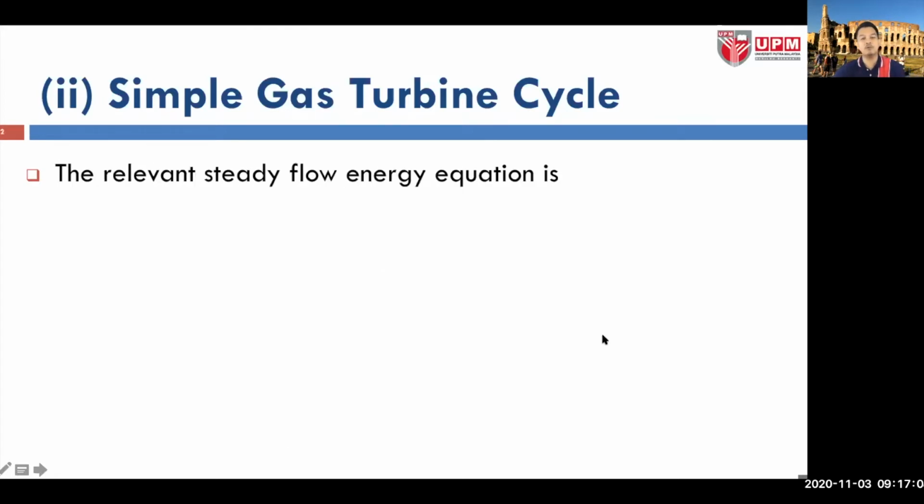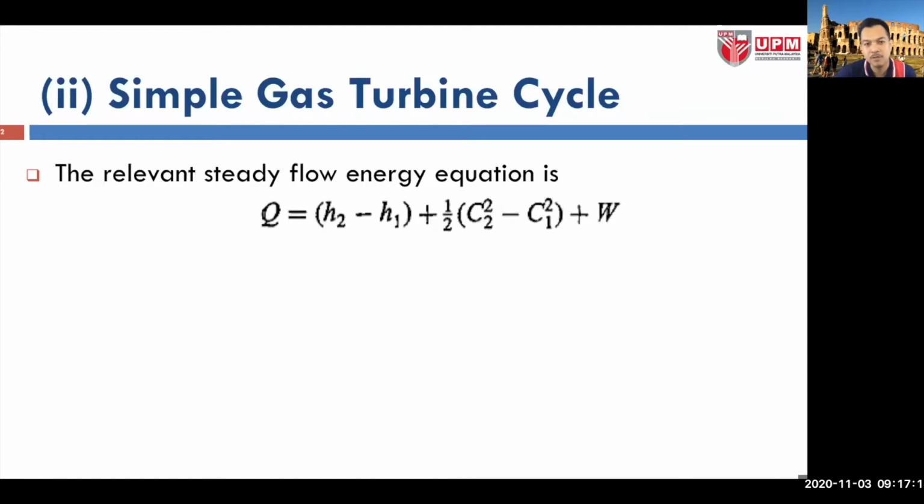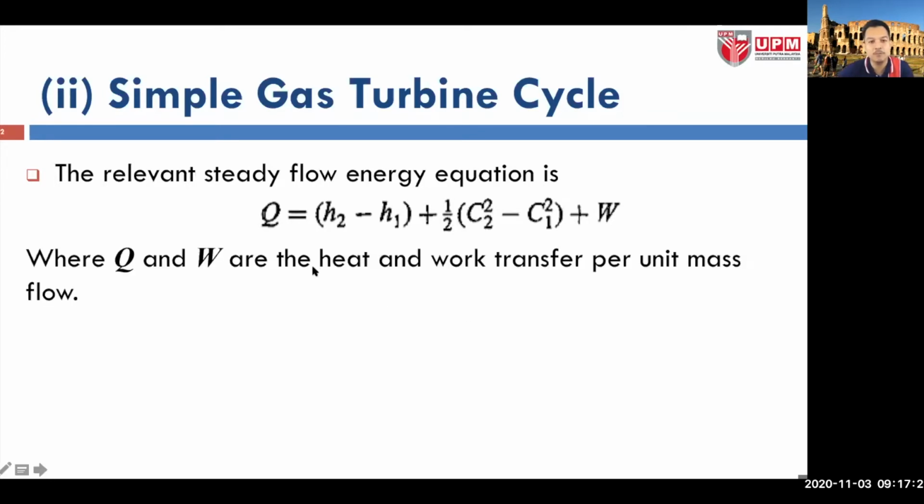The relevant steady flow energy equation. I would like to introduce a few equations here, probably some of you have seen them in your propulsion subject. Q, the heat transfer per unit mass flow, is equal to the difference in specific enthalpy, plus half times the velocity squared at station 2 minus velocity squared at station 1, plus the specific work power output.